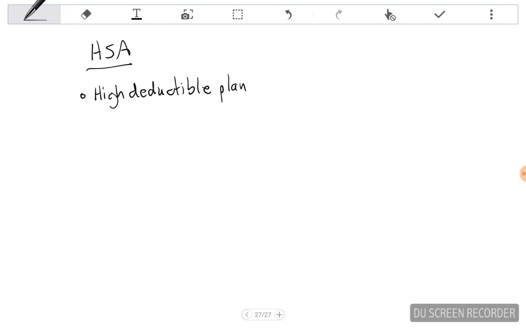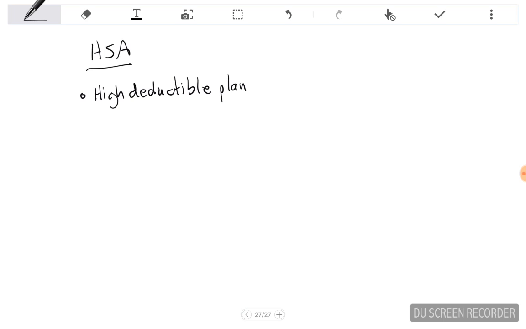No, the minimum deductible for a high deductible plan. Excuse me. So it has to be a minimum deductible of $1,300 and $2,600 for individual and family. And this is just reading it out of the book. The maximum deductible or annual out of pocket is between $6,550 and $13,100.